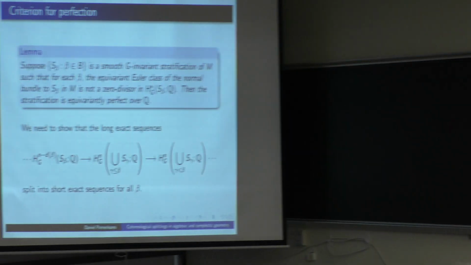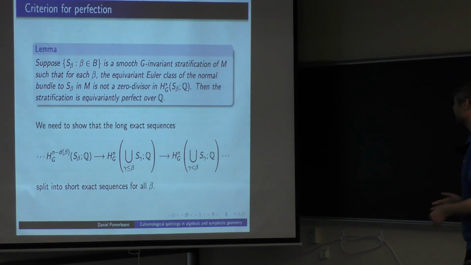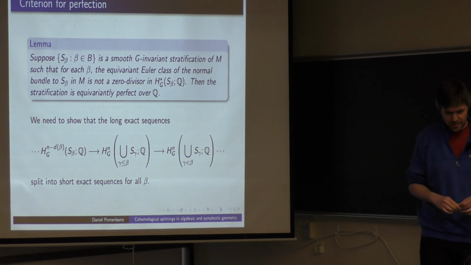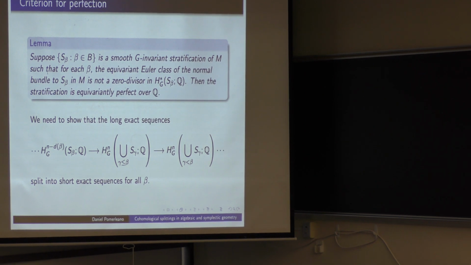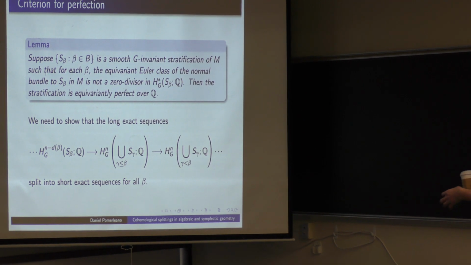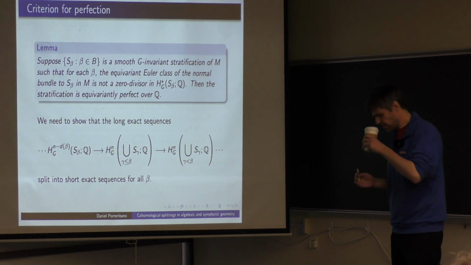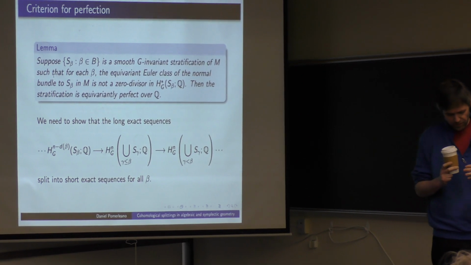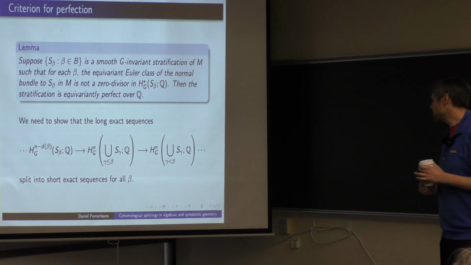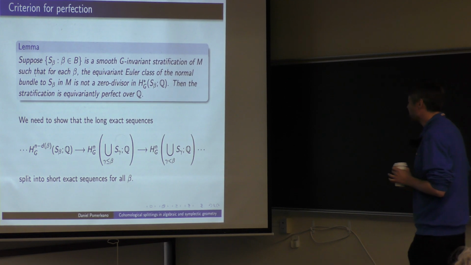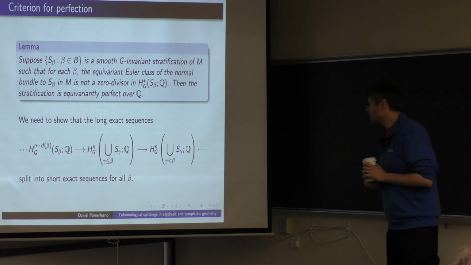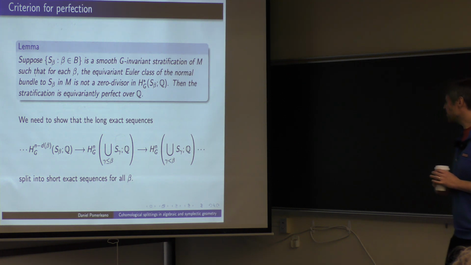There's a criterion: you have some smooth stratification, and you have equivariant Euler classes associated to the normal bundles of the strata sitting inside of M, and as long as that's not a zero divisor in the cohomology of the stratum, then the stratum is equivariantly perfect. So how does that work?